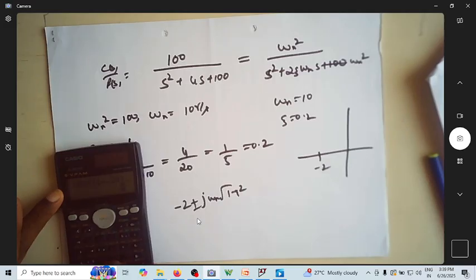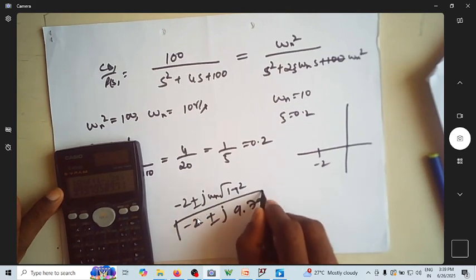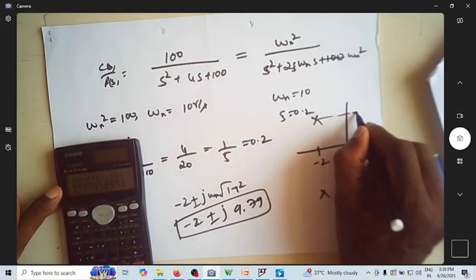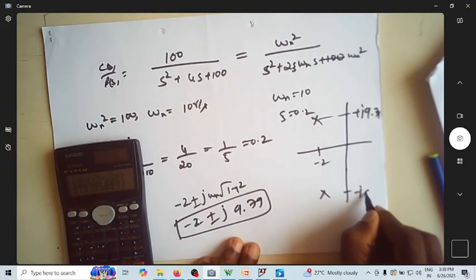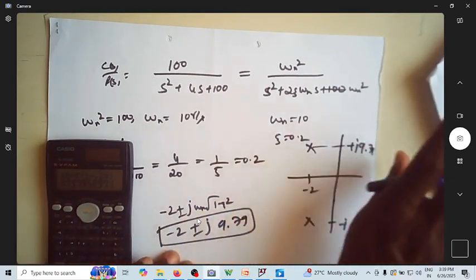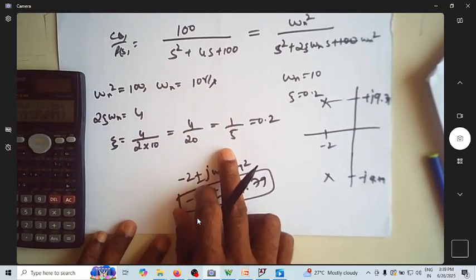So it is -2 plus or minus j 9.79. This is the pole position, at plus j 9.79 and minus j 9.79. Because the value of zeta is 0.2, it is closer to the imaginary axis, closer to j10.